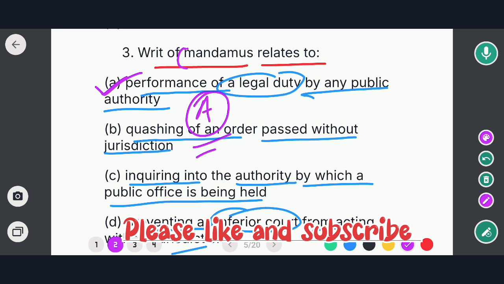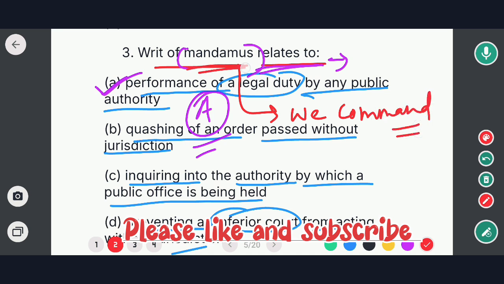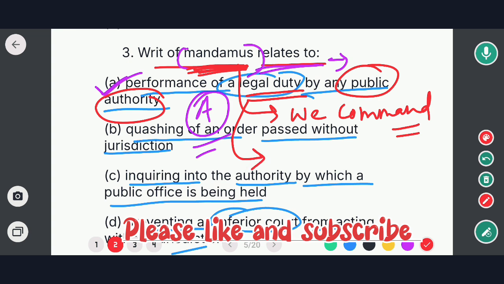Look, the writ of mandamus means we command. What is the meaning of mandamus? It means we command. That means in case the court issues the writ of mandamus to the public officials to perform their legal duty, which they are bound to perform.